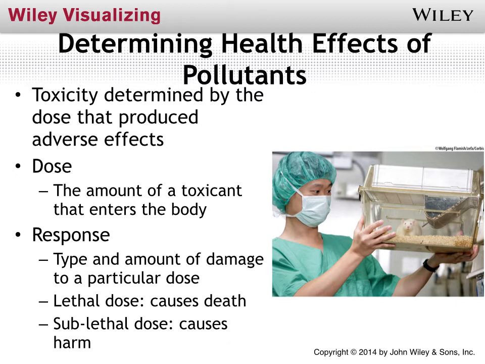We look at two things. Basically, what is the lethal dose, the dose that results in death to that organism, or the sublethal dose that doesn't kill the organism but causes some sort of harm to that organism.